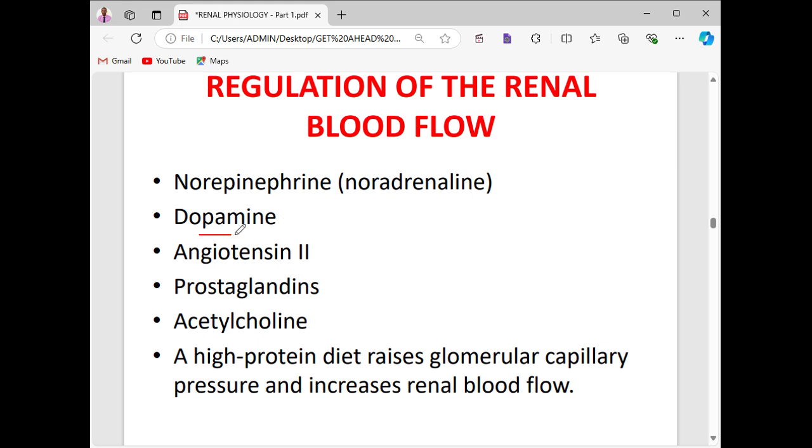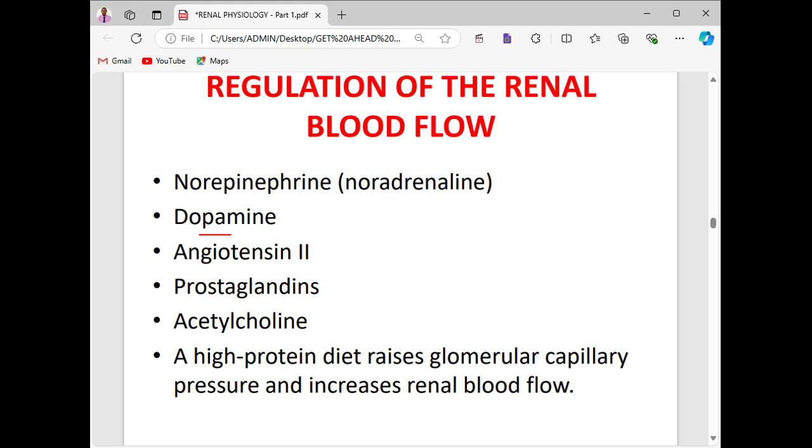Then we also have dopamine. Dopamine is made in the kidney and it causes renal vasodilation and natriuresis. Then we also have angiotensin 2.